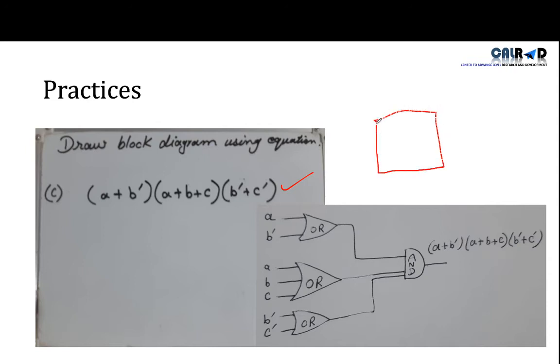You remember we did in our practicals ICs for AND gate, OR gate, NOR gate. So this is an IC, integrated circuit. If you see your computers and your mobile phones, there are a lot of ICs inside your electronic devices.